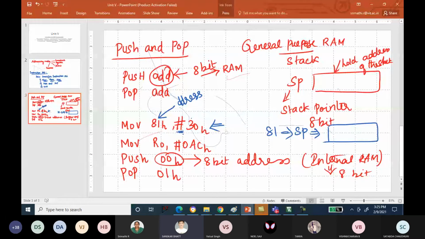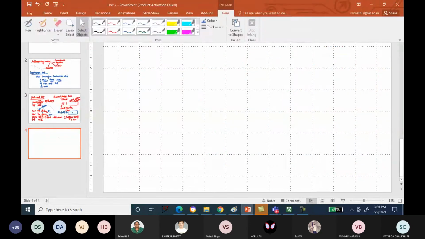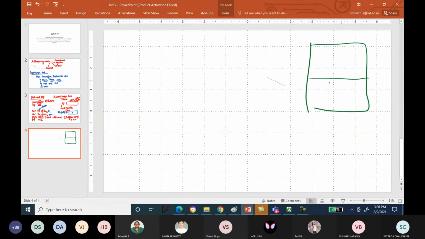So the stack pointer will have 30H, meaning that the portion of memory the user is defining can be used from 30H of the RAM. From 30H he can use it for the stack: 30, 31, and so on. He has defined the stack pointer as 30H.